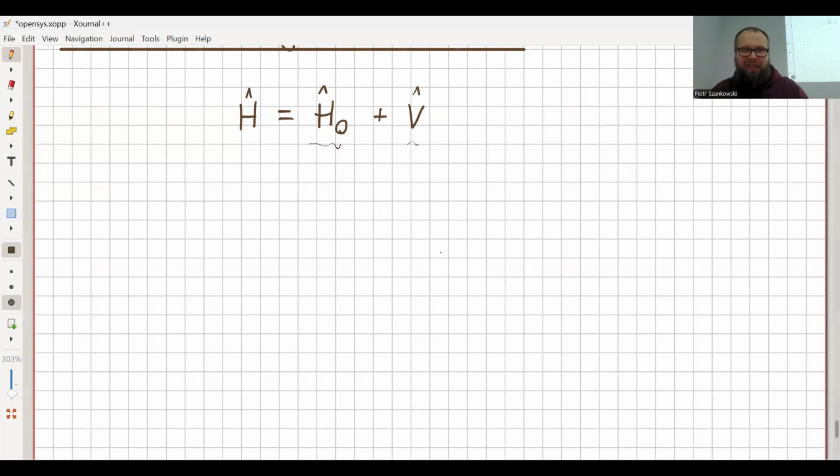And let us assume that the problem with H0 only is something we can solve. That is, the operator U0(t), let's write it like this, because this is a time-independent operator, so we can just use our non-time-ordered exp, the standard exp.